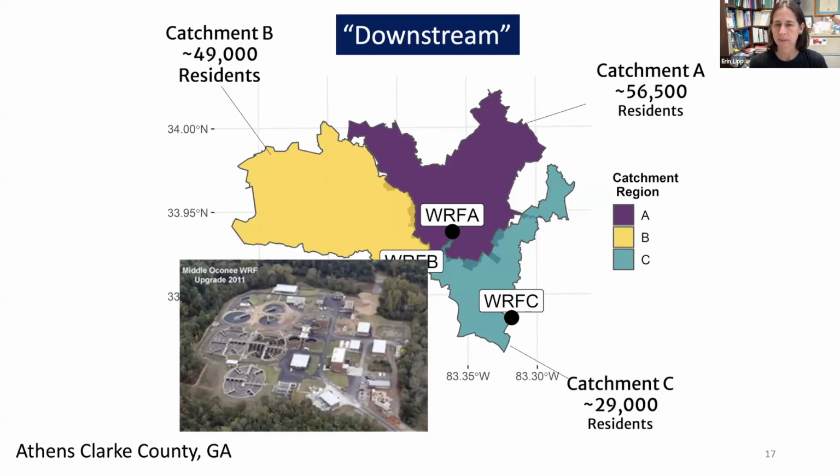The sampler takes a little bit every few minutes, and what you end up with is a composite over a full day. That means you can quantify a little bit easier what's happening in these areas because you can basically look for a daily load of your pathogen or target of interest.